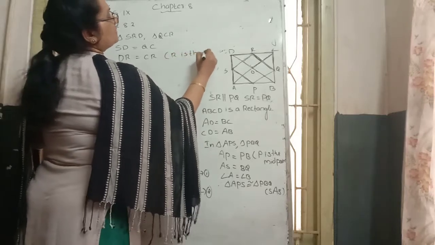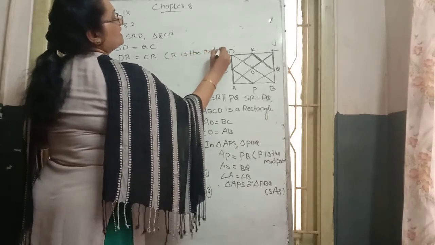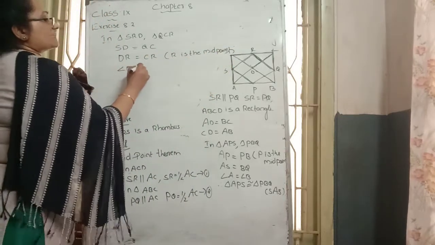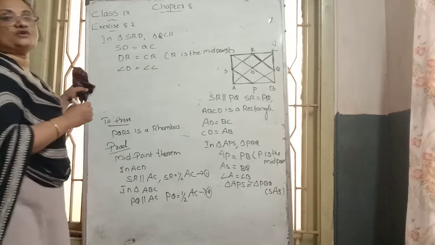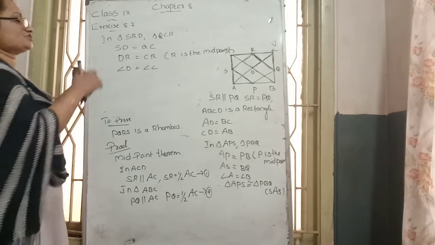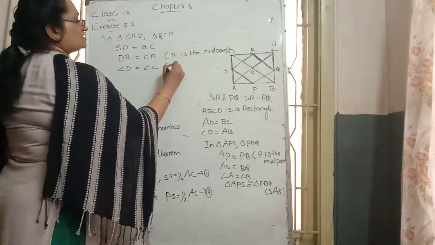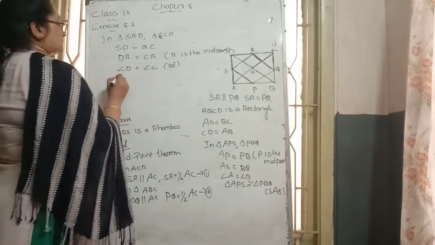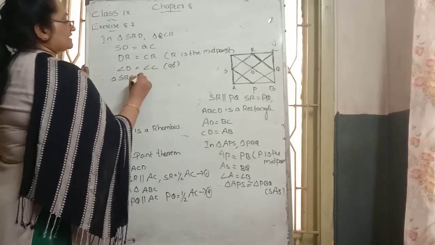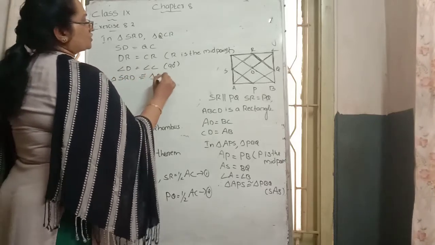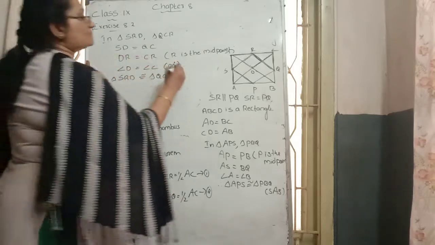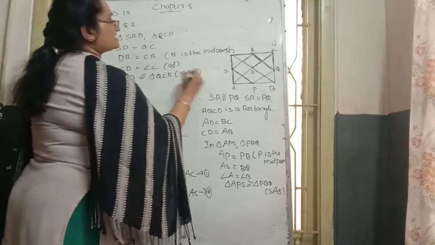Then angle D and angle C are equal, since in a rectangle all four angles are 90 degrees. Therefore three conditions are satisfied: triangle SRD is congruent to triangle QCR by the SAS property, two sides and one angle.